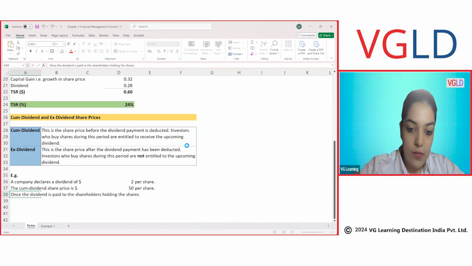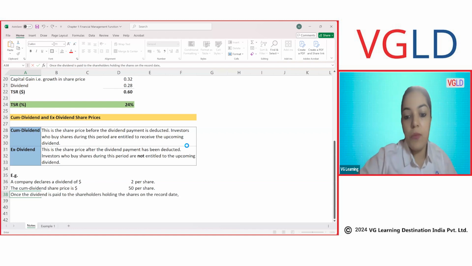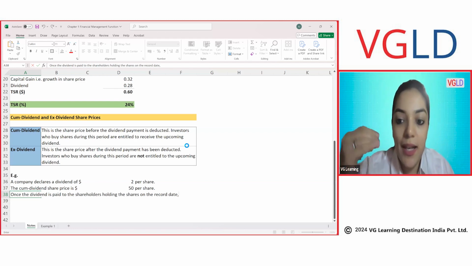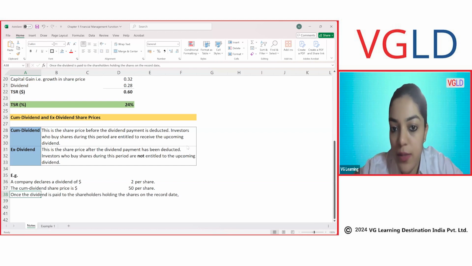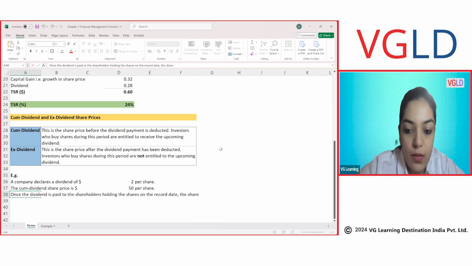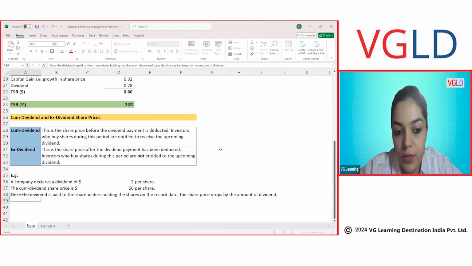holding the shares on the record date, meaning, whenever a company announces dividend, it announces a record date also. That is the last date. If you're holding the shares of the company as on this date, then only you get the dividends. So once the dividend is paid to the shareholders holding the shares on the record date, the price typically drops. The share price drops by the amount of dividend.